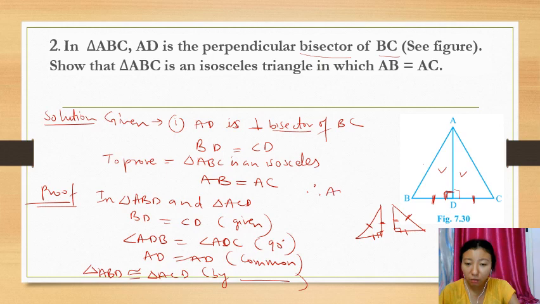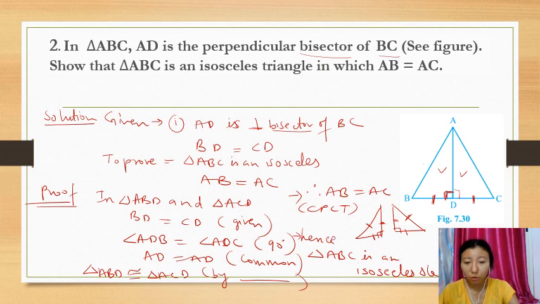Therefore AB equal to AC, hence triangle ABC is an isosceles triangle.